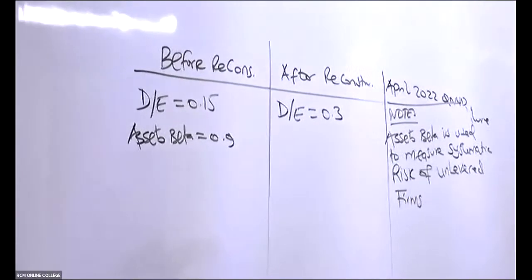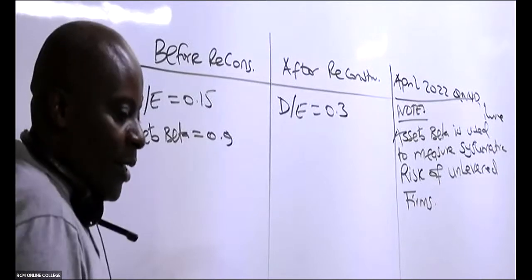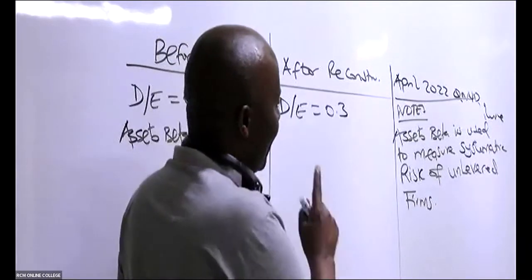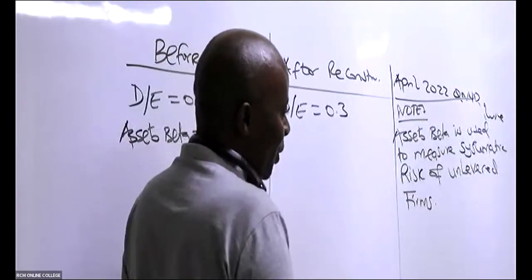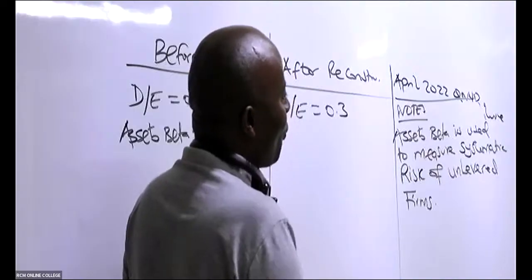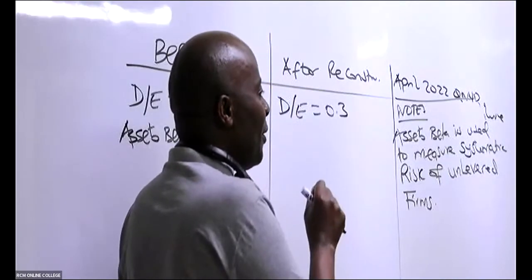Anytime we talk about asset beta, it is used to measure systematic risk of unlevered organizations. So we must get a way of changing this beta to what we call equity beta.